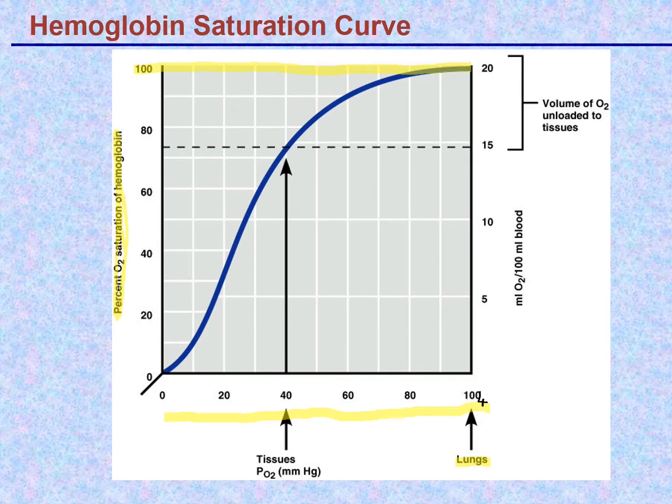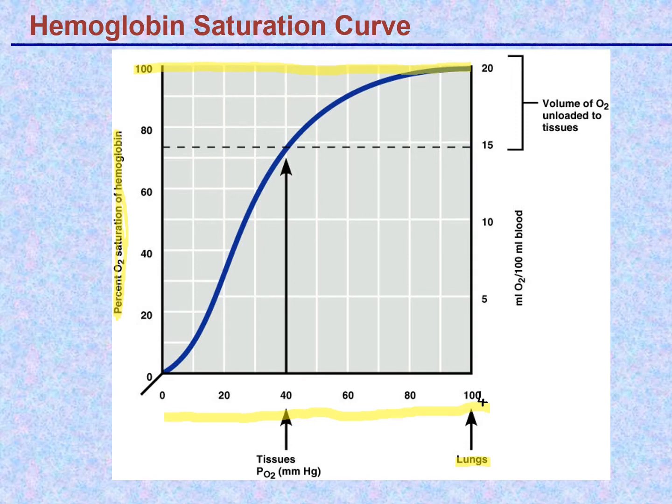And then it goes back to the heart and gets pumped out into the systemic arterial circulation and travels to the capillary beds in all the tissues where it unloads some of the oxygen that it's carrying. Remember, there is no exchange of gases until it gets to that capillary bed of the tissues.